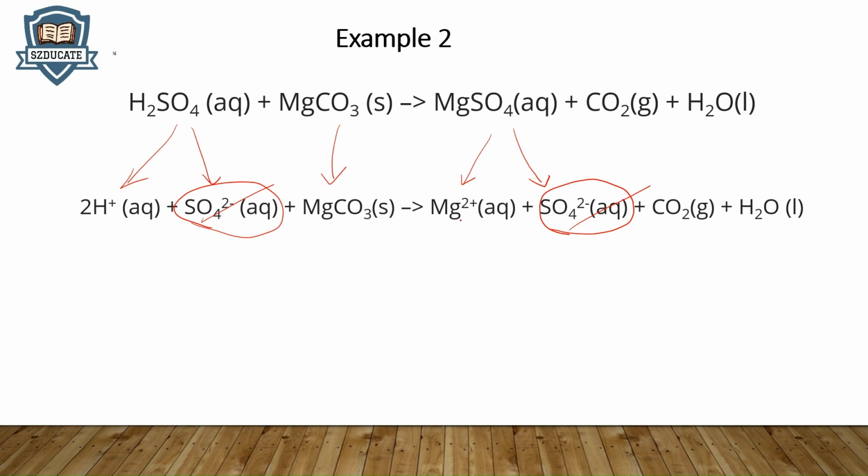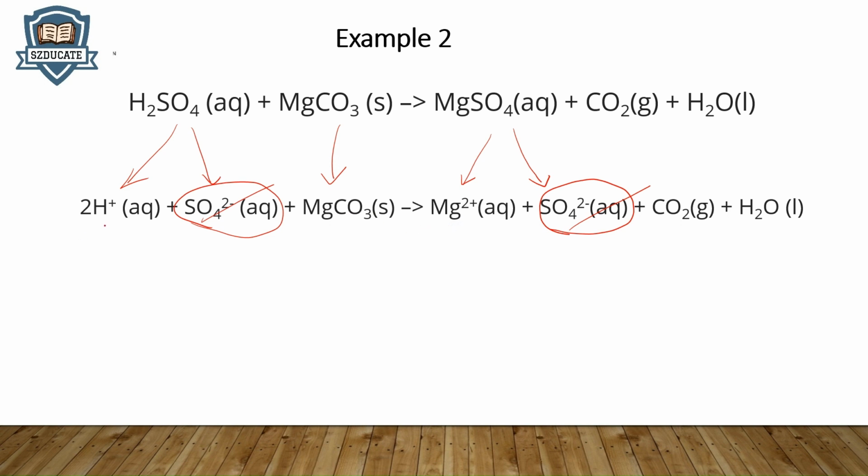MgCO3 is solid, and Mg2+ is aqueous. Even if I split it, you would tell me Mg2+ solid. So even though the formula might not have changed, they have actually changed the state symbol. So it's not a spectator. We're going to keep it.